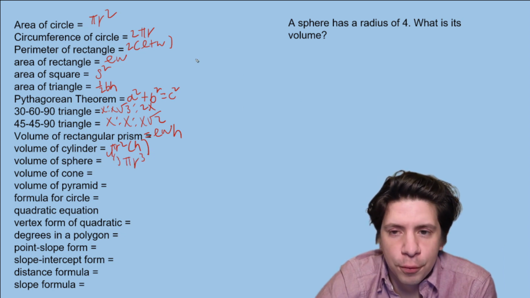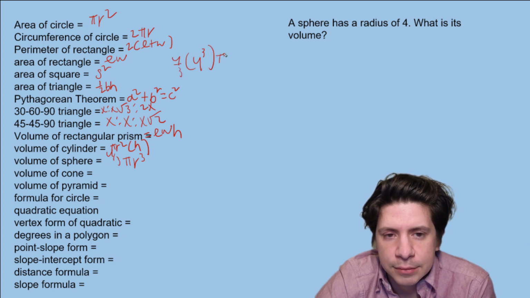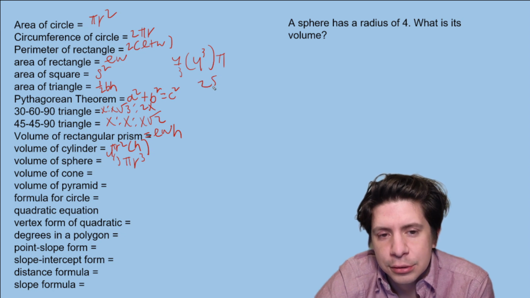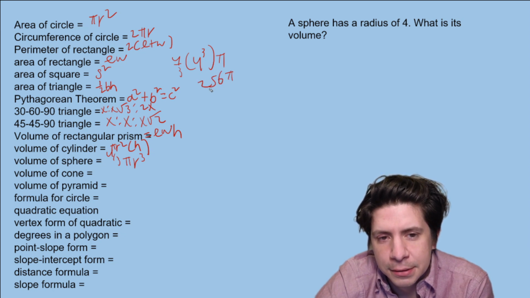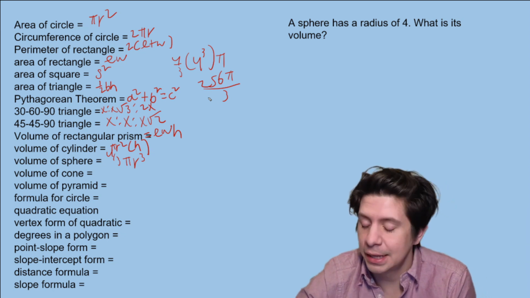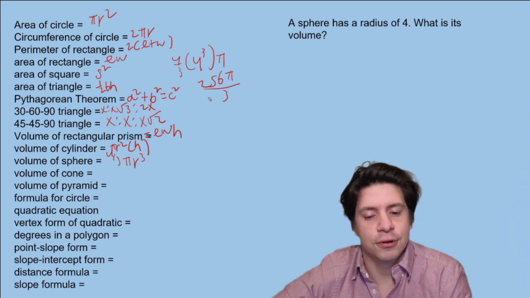So if it's 4, we'll do 4 cubed, 4/3 times pi. 4 cubed is going to be 64 times 4 is going to be 256 pi over 3. And that would be our answer for this one. Again, not a terrible question by any means, but they can obviously get more complicated than that.